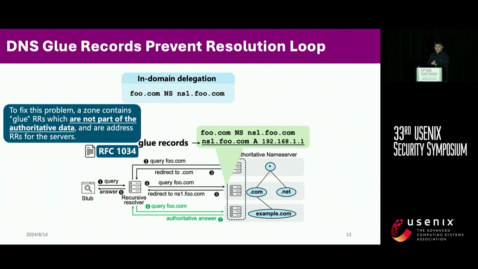So when there's in-domain delegation, glue records are also stored and provided by the parent together with NS records of child domains. This time, this loop will be solved. Resolvers will know from the parent where ns1.foo.com is and eventually get answers for foo.com from it.